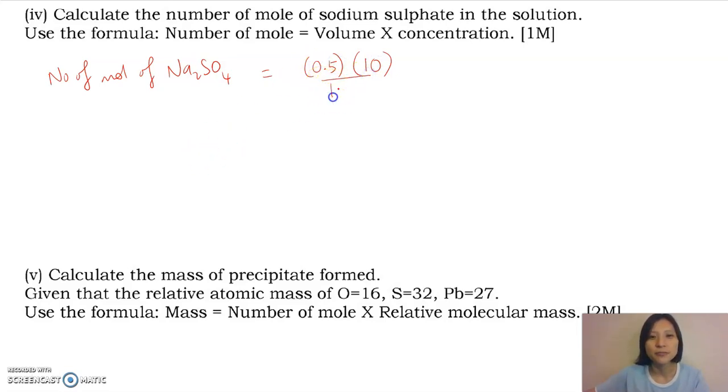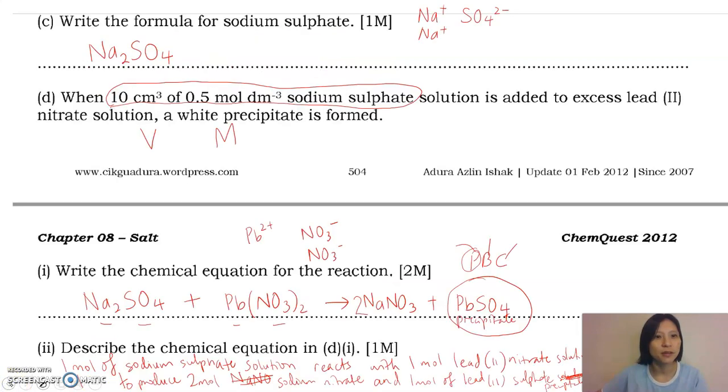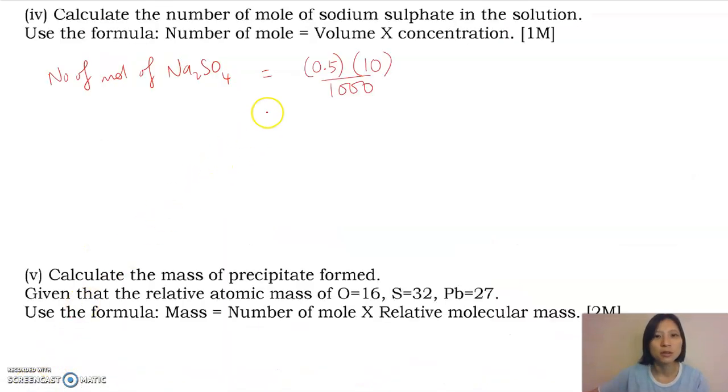So this is mV over 1000. Let's check back. M, is it 0.5? Yes, M is 0.5 for sodium sulfate, and volume is 10 cm cube.